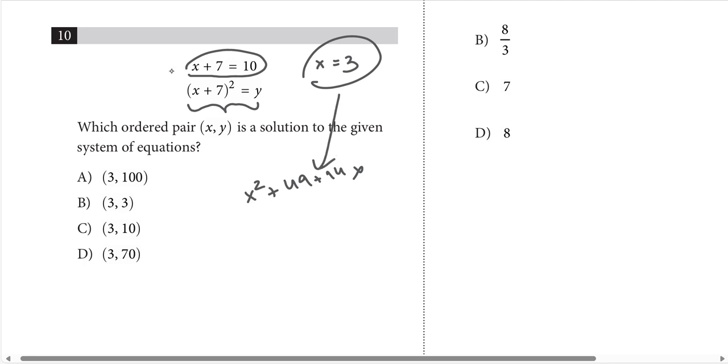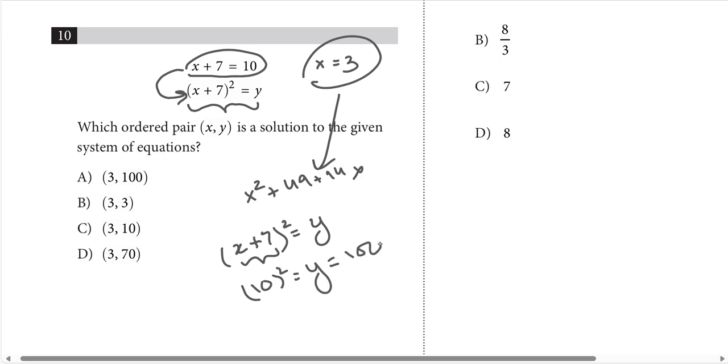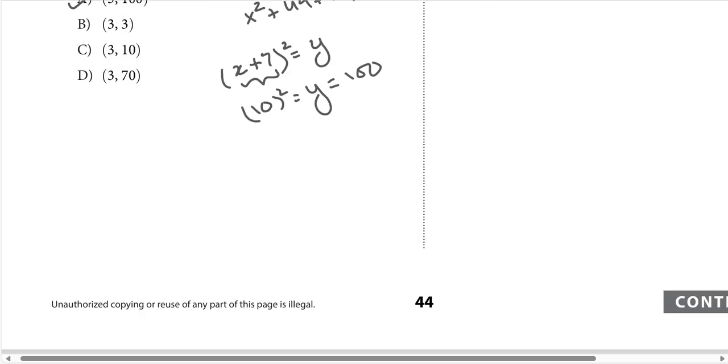But it's really easy since x plus 7 value is already given. So if I write it like this, I'm just going to substitute this value by 10, which is given in the first equation, equals y, and y comes out to be 100. So the point is 3 comma 100.